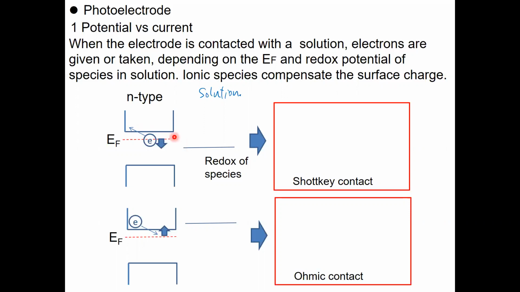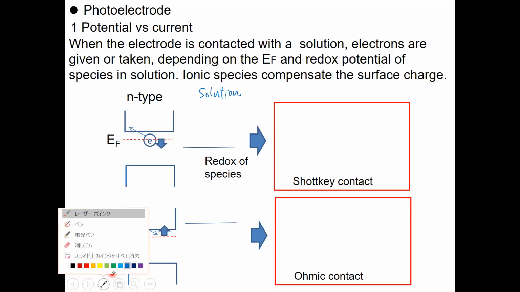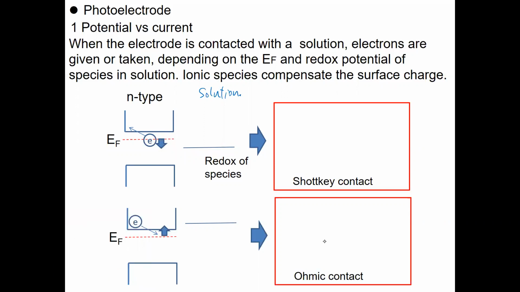However, if this has a contact with a chemical species, since this level is lower, the electrons are given to the redox species. That's why the Fermi level is gradually going down.